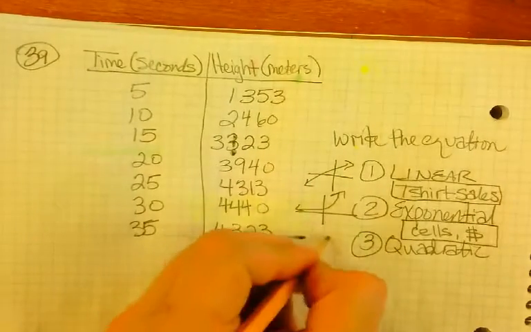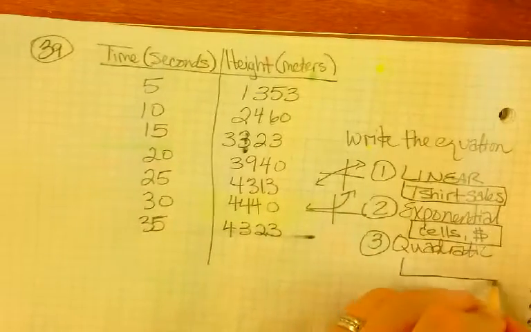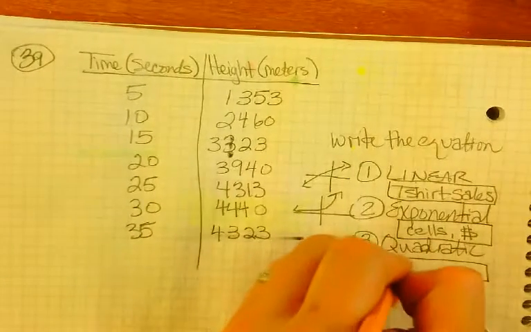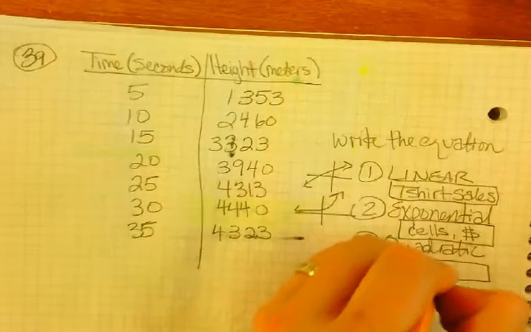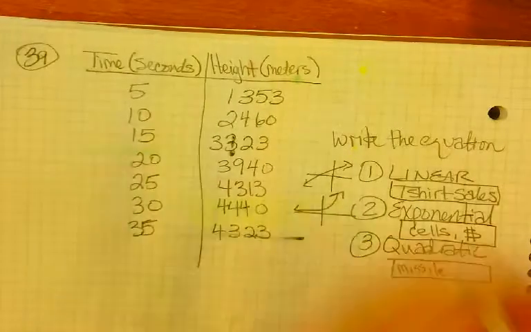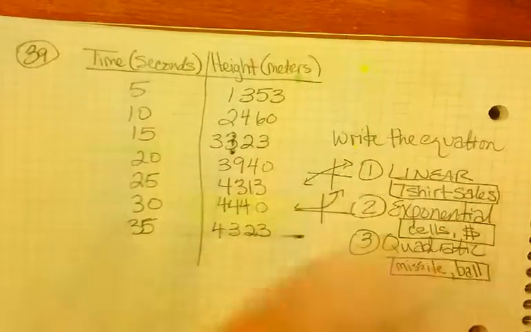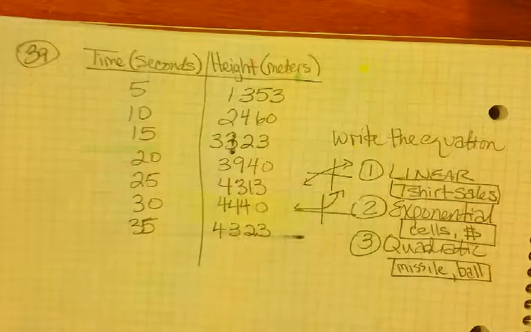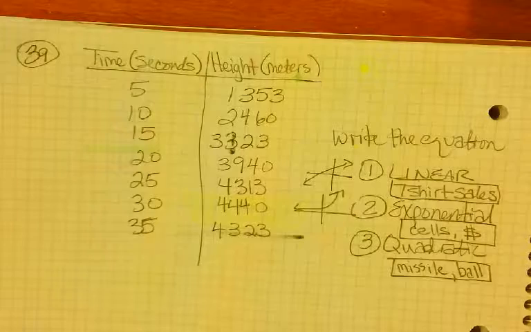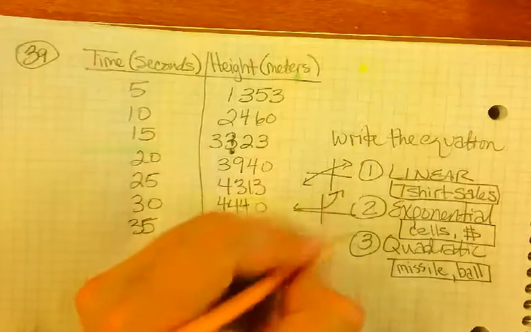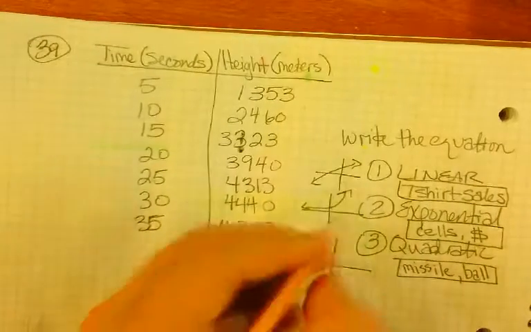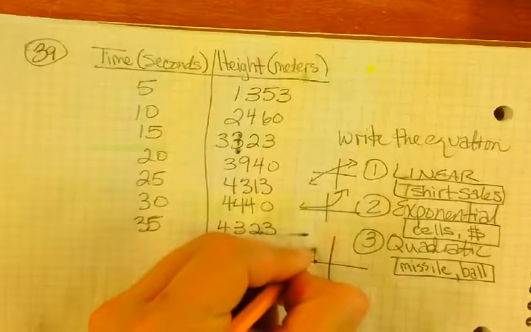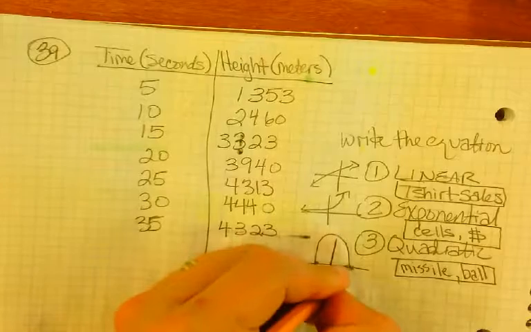And then we also have quadratic. Your quadratic is going to be things like a missile, a ball, like a basketball, football, volleyball. Anything that's responsive to gravity. Anything that when you toss it up, it comes back down. Quadratics look different, right? You're going to start here, you toss it up into the air, and then it comes down.